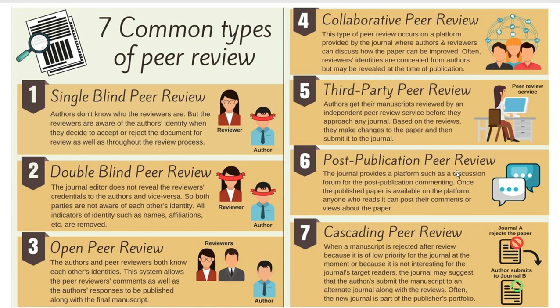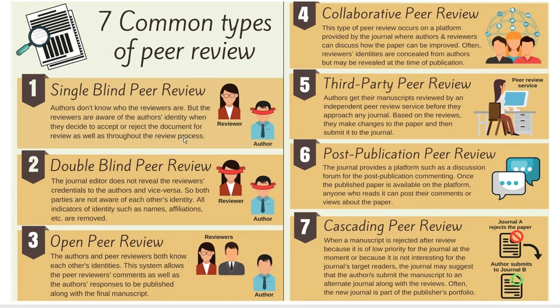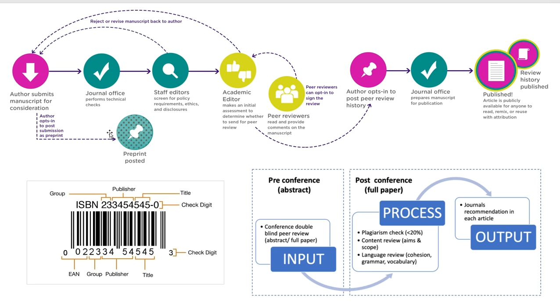Post-publication peer review means it is taken on beta versions. And cascading peer review: the journal rejects the paper, but in some cases suggests that the work is suitable for another journal. If you make some changes on your end, you then submit it elsewhere. Generally, these are the seven types of review, and this is the flow.